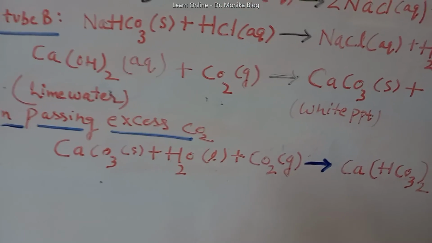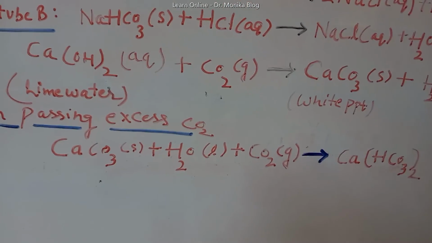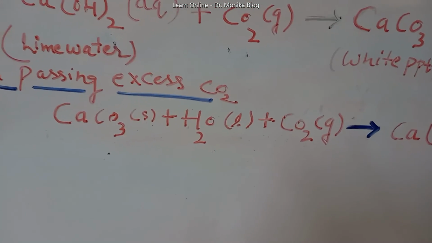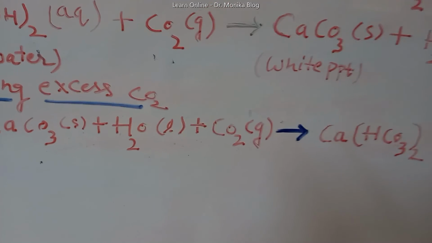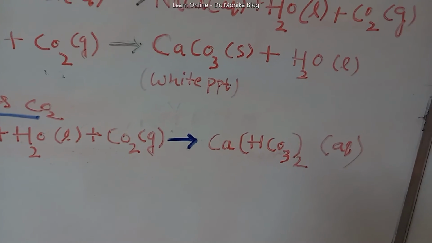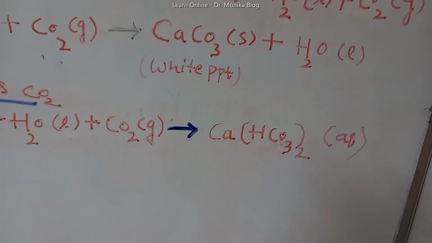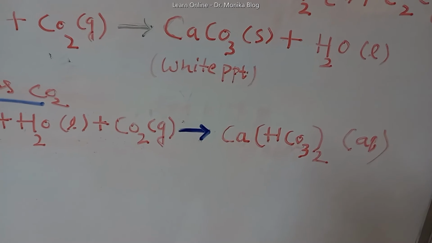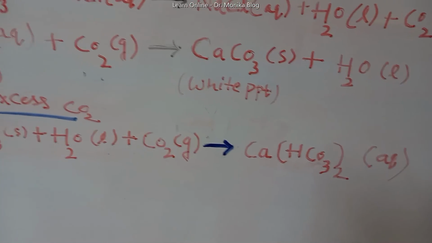On passing excess carbon dioxide, the reaction is CaCO3 plus water plus carbon dioxide, forming the product Ca(HCO3)2, which is soluble in water.